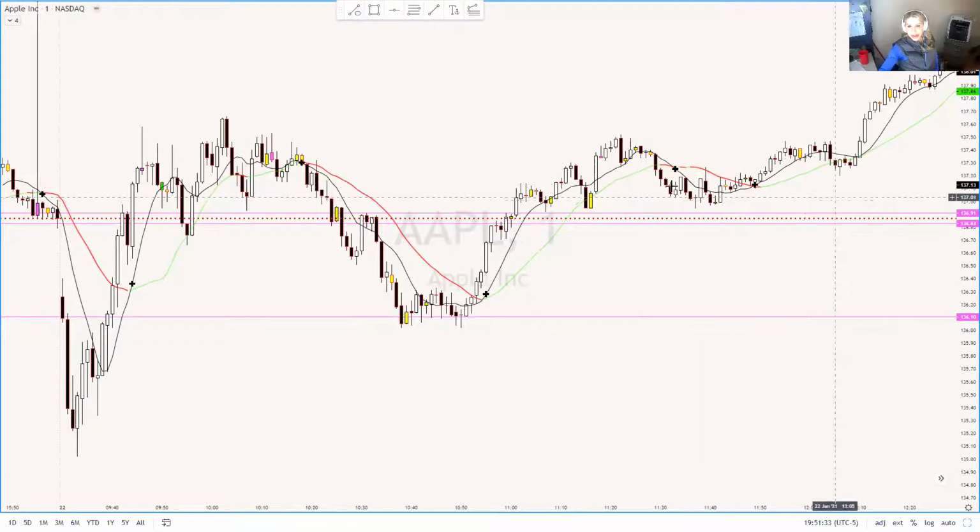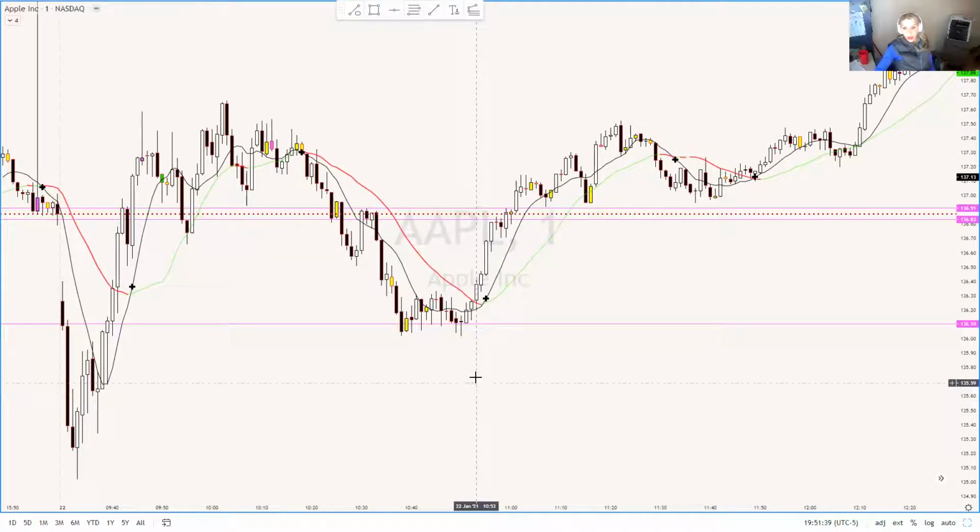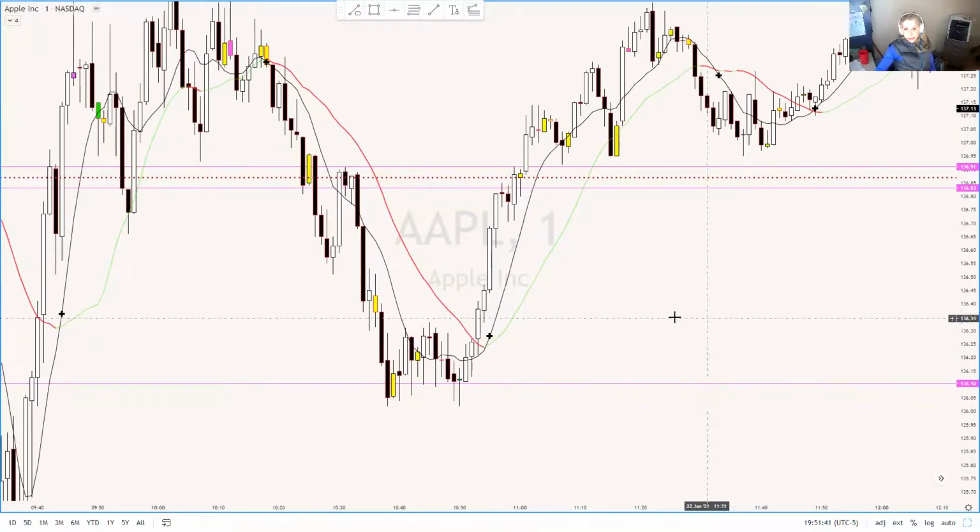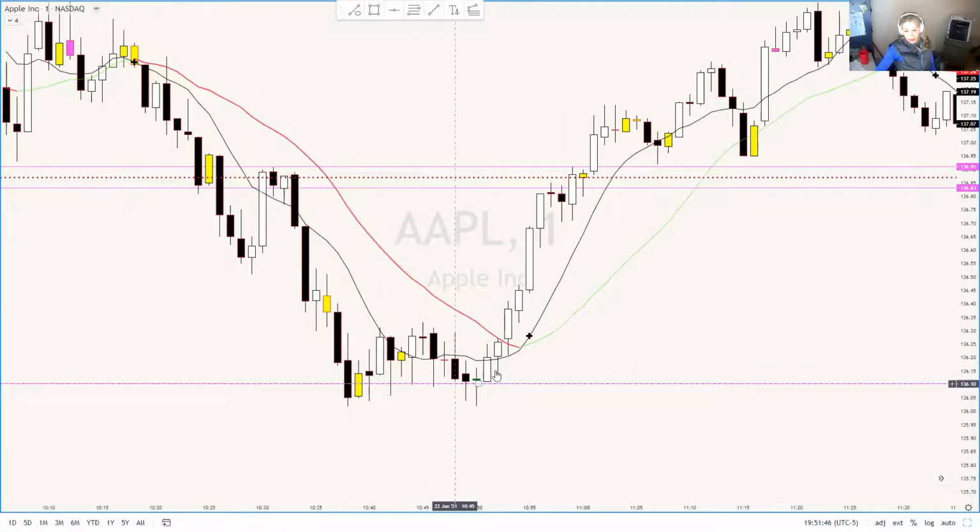And there isn't a fantastic entry into this because I like to see a low, a high, a higher low, although you have a high, a low on this one candle, a higher low, a higher high.